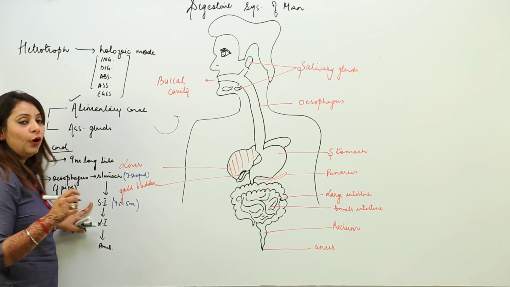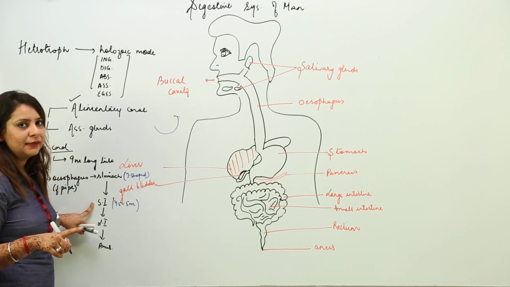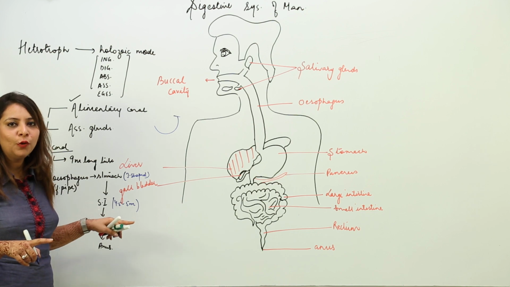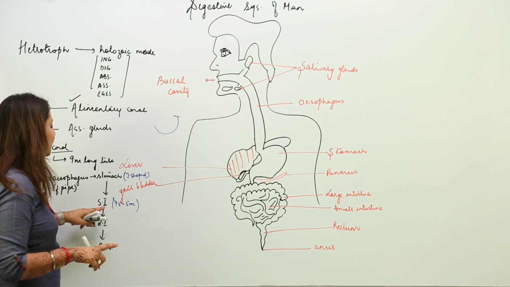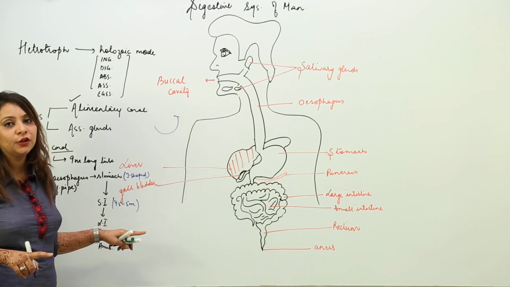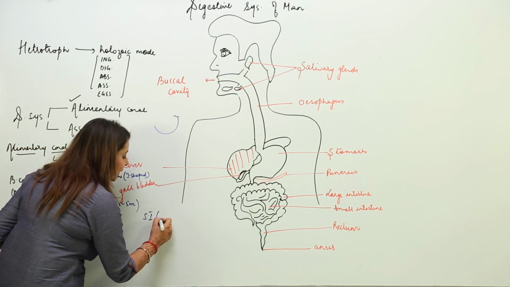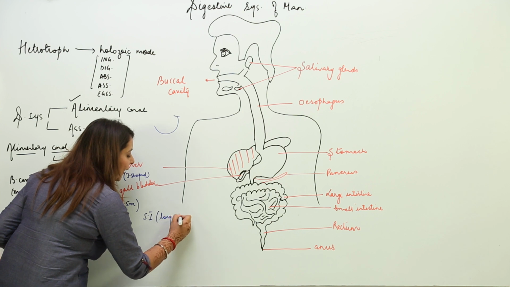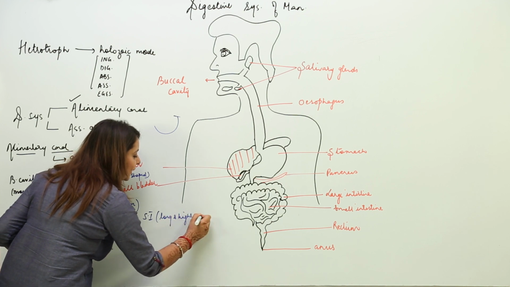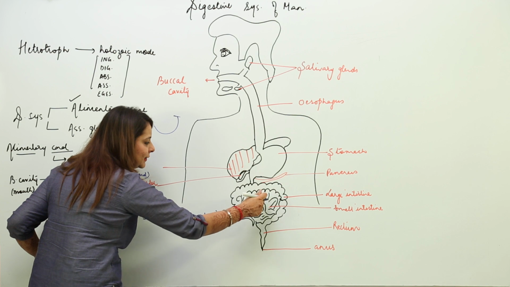The longest part of the alimentary canal is the small intestine. Though the name appears to be small, actually it is not small. It is 4.5 to 5 meter long, very long and highly coiled, as you can see.